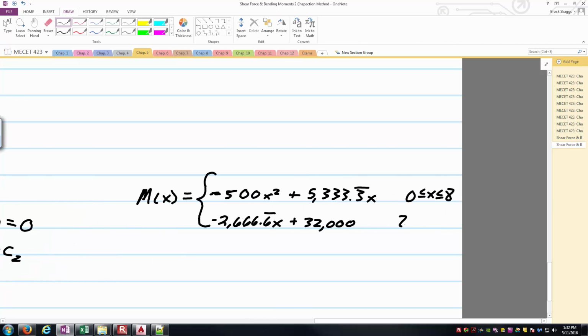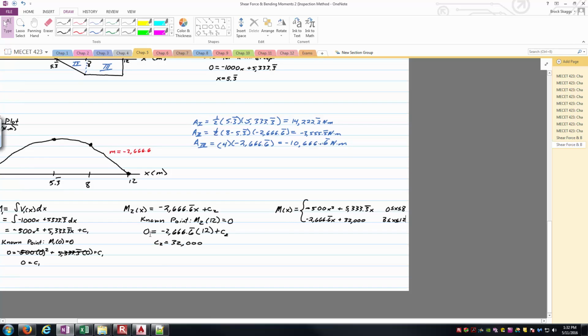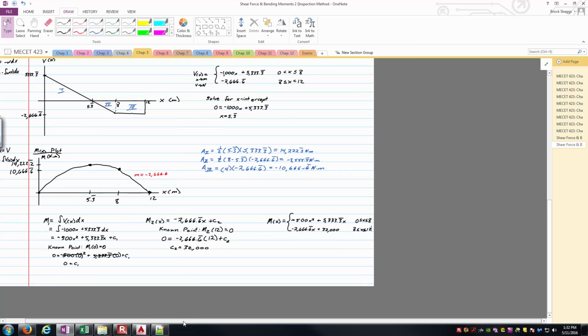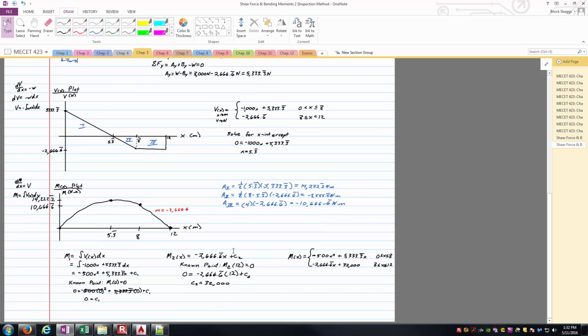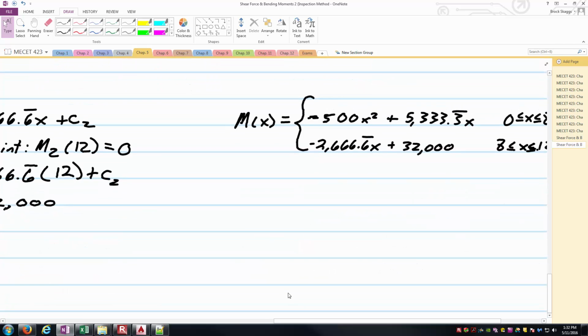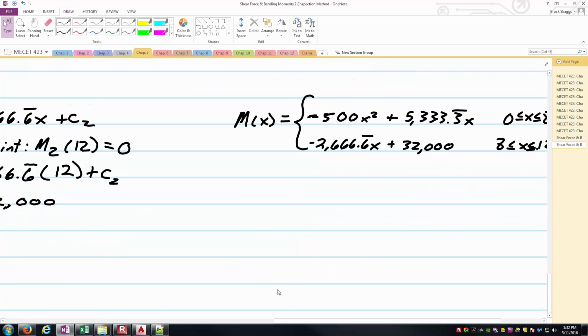And we have here, that was between 8 and 12. And all those are less than or equal signs because I don't have any concentrated moments that are causing any discontinuities. And so at this point we've arrived at where we need to go. One other thing I could make in here just to stay consistent, make sure that nobody's lost on units: here x will be in meters and m will be in Newton meters.